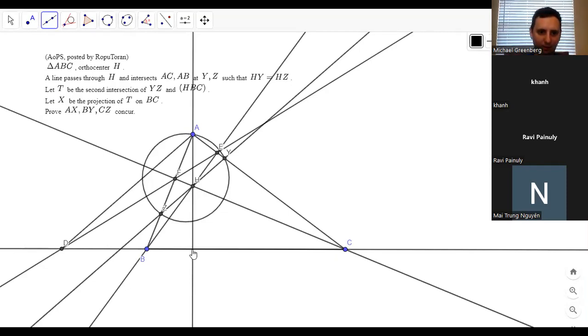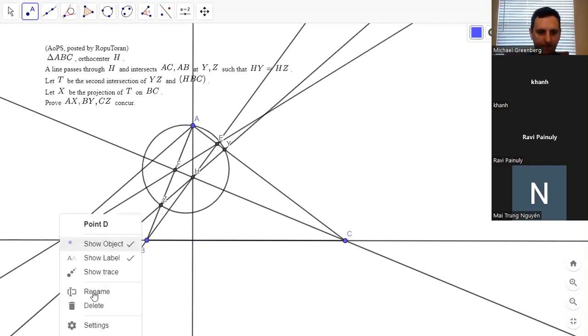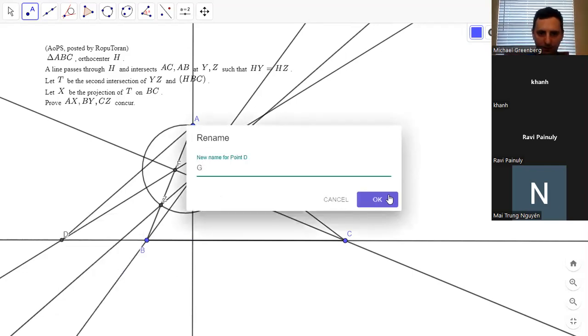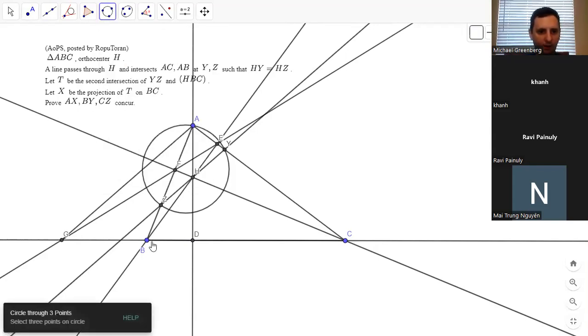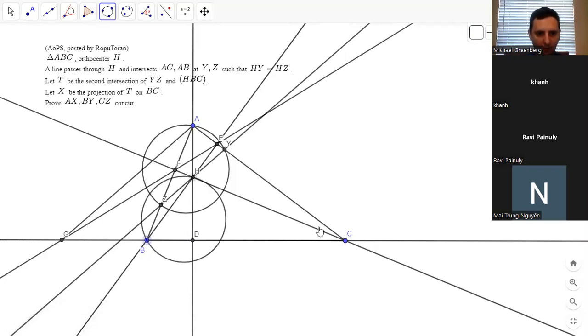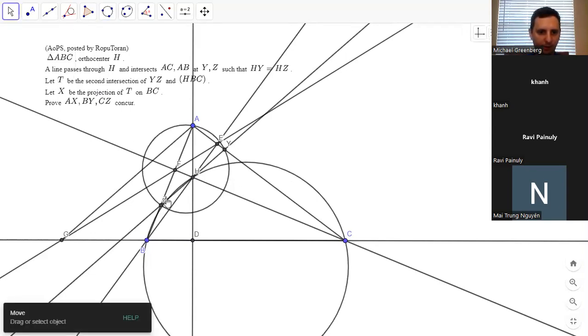Okay. So, you know what? Let me call this D right here, and I'll call this G. Let me first draw the rest of the problem. So we draw the intersection of YZ and the circle HBC, and that's T. This is basically the reflection of the circumcircle of ABC over BC.